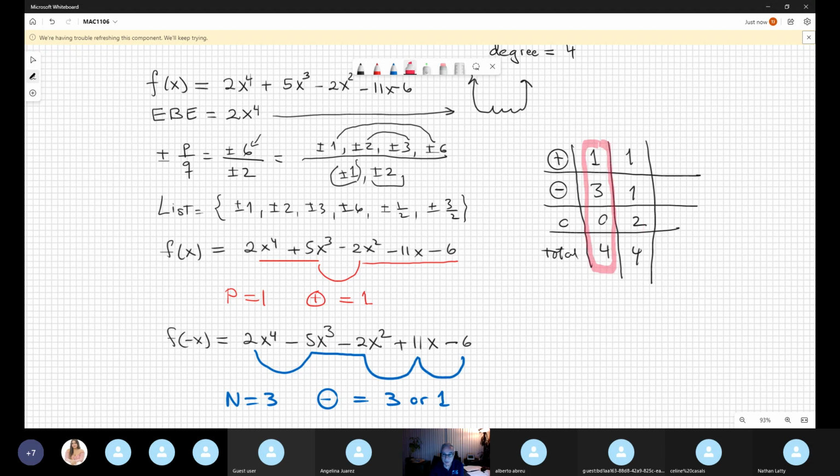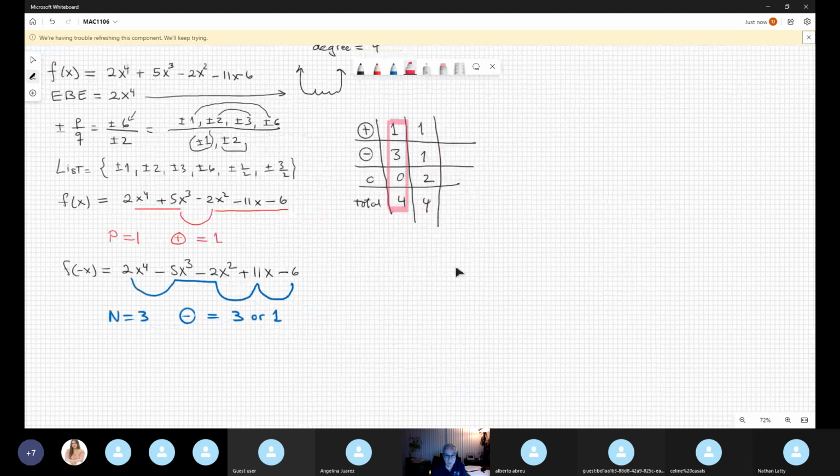No. I need to investigate, put in decimals, apply scientific division several times. Let's do it quickly because we have only 5 minutes to finish. Okay, I create the format for the scientific division. You put the coefficients: 2, 5, minus 2, minus 11, and minus 6.